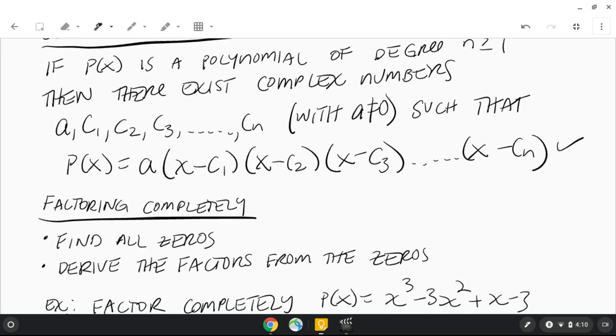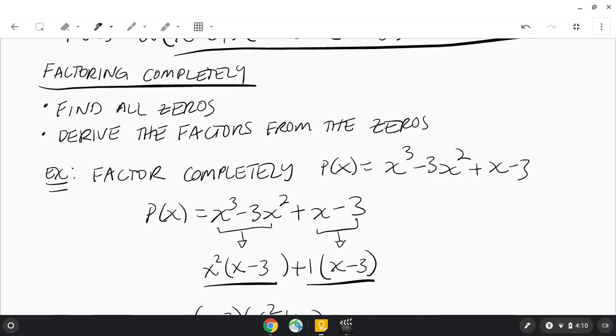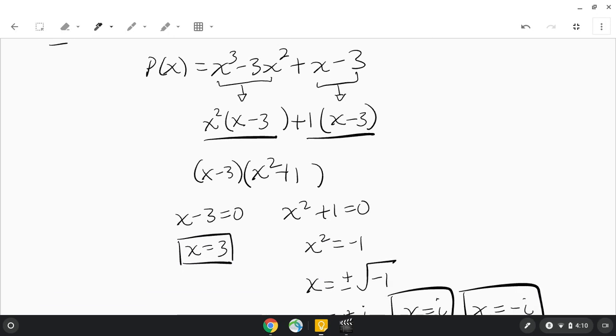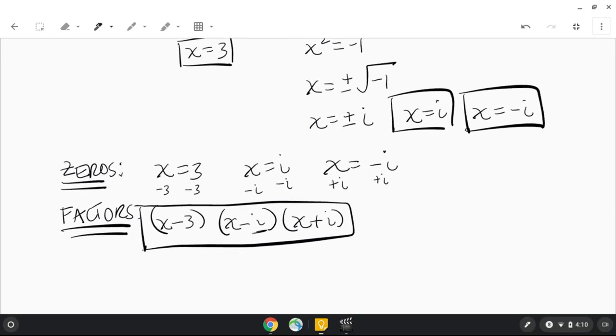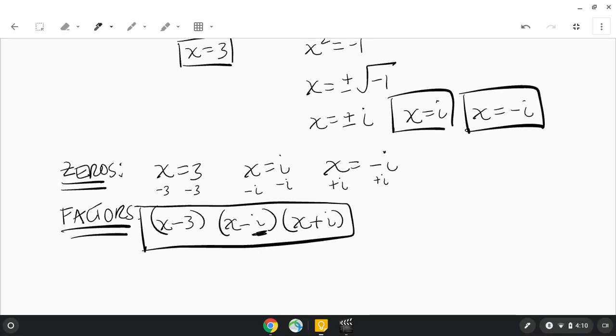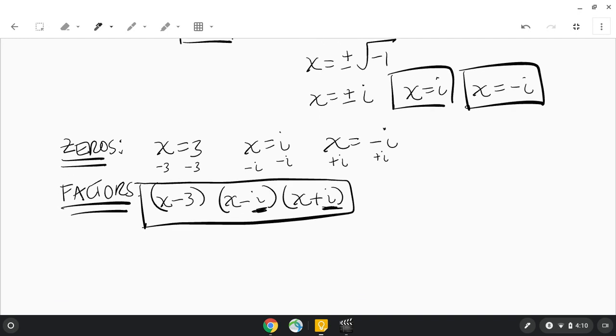You don't see any x squares, but those c's represent complex numbers, and that's what we have here. So that c value is i, and then this one is negative i. So when they ask you to factor completely, come up with the zeros first, and then derive the factors from your zeros.